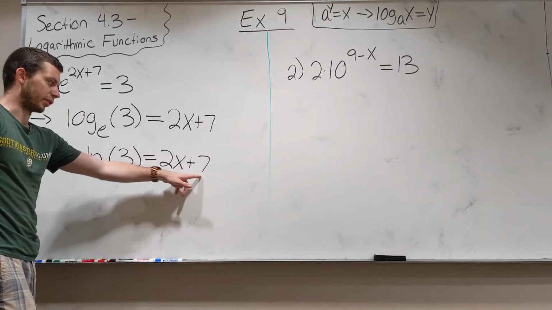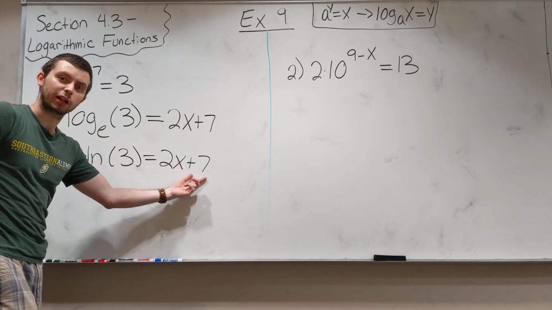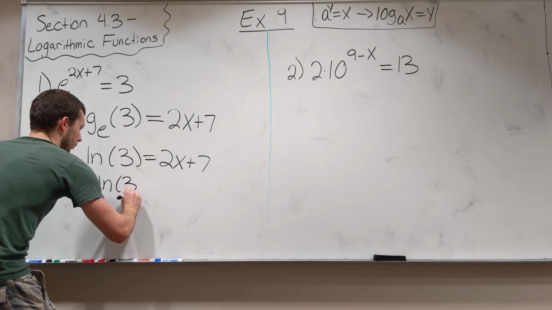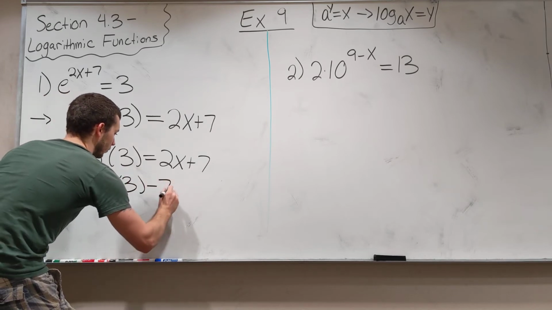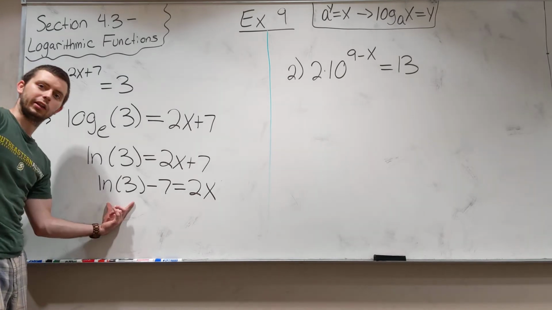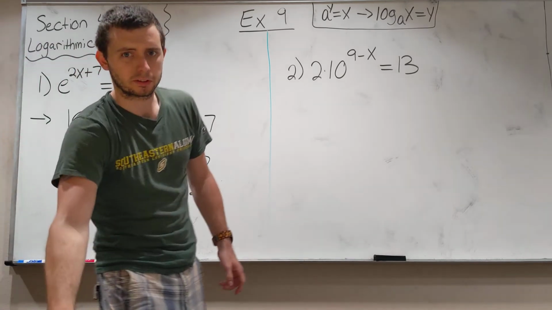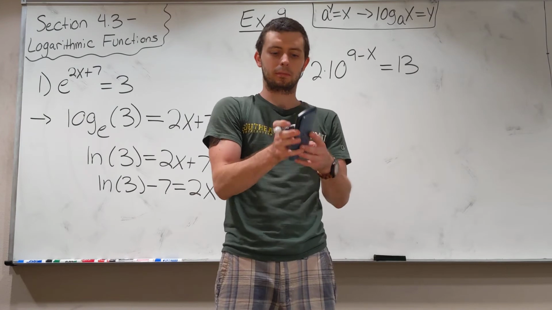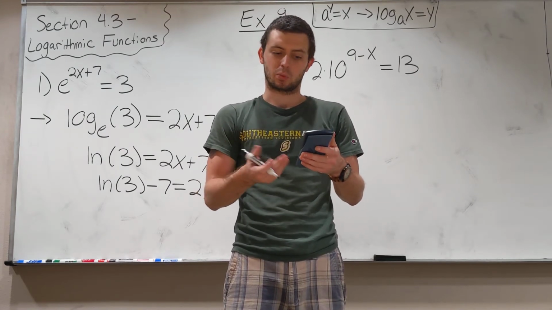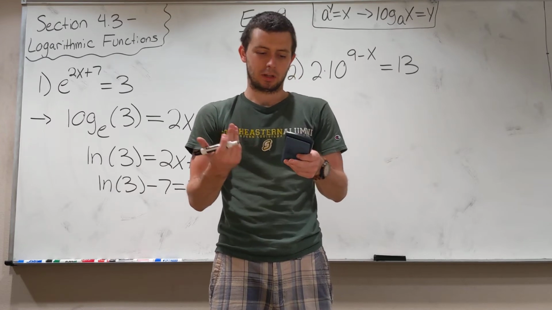But we're still trying to get x by itself. To get x by itself over here, we have to subtract 7 on both sides. And notice ln of 3, you could technically evaluate that in your calculator, but you get a weird decimal, 1.098.